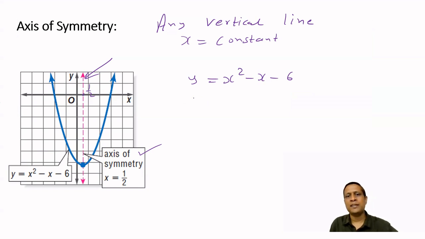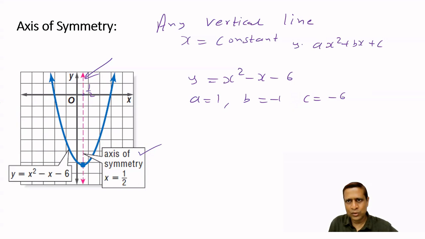So first we need to identify what are values of a, b and c. So a is 1, b is negative 1 and c is negative 6, right? I just compare it with y equal to ax squared plus bx plus c.